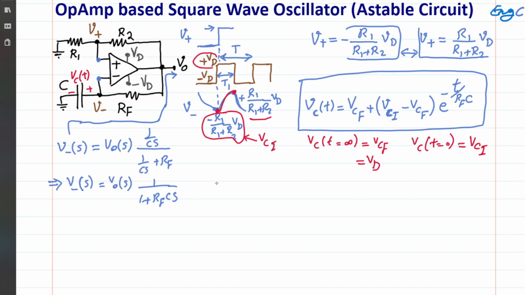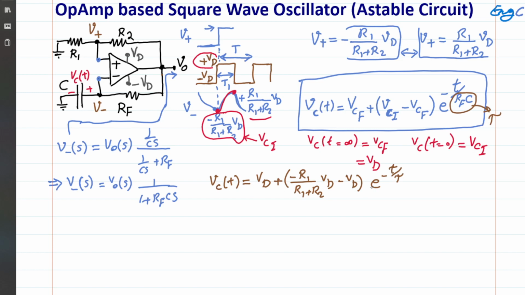So now substituting for these values, we can see that VC(t), the voltage of the capacitor as a function of time, is VCF, which is VD, plus VCI, which is this value, negative R1 over R1 plus R2 times VD, minus VCF, which is minus VD, times, of course, e to the negative t over tau. And tau is our time constant, which is RFC. So let's refer to this as tau.